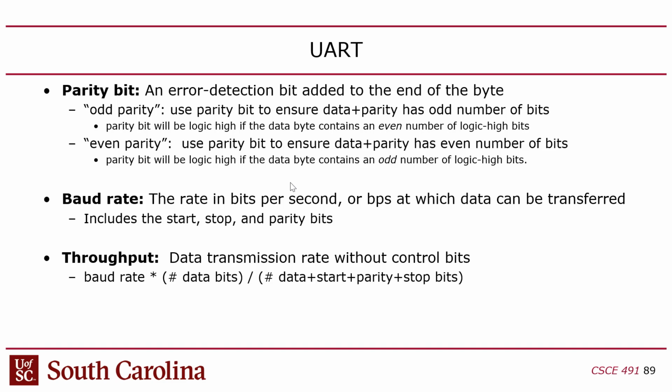You only get 8 data bits for 11 actual physical bits you send. Okay, so anyway, that's the difference between baud rate and throughput. Baud rate is the line rate that defines the bit time, how much time you spend in each bit, or how much time the receiver should give to read each bit time slot. And throughput is how many actual data bits you can push through, right?